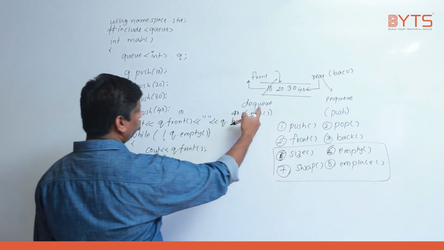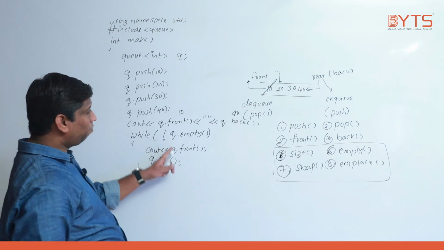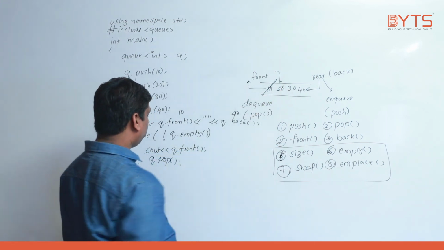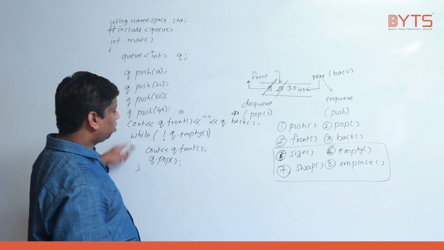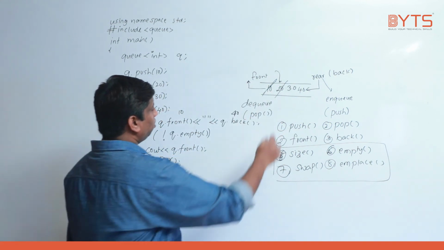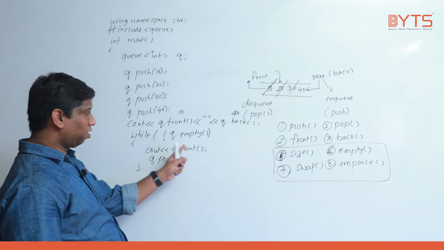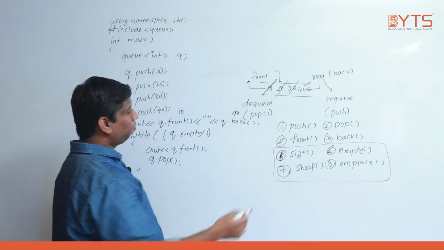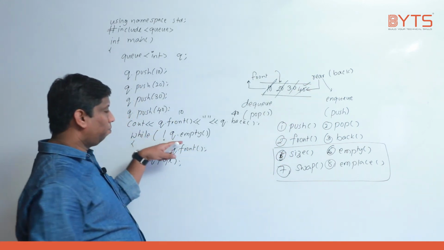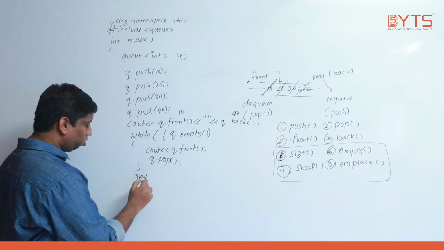Pop means a DQ operation. So 10 is coming out. Q is not empty, q dot front, 20 is coming, q dot pop. Next, not empty, q dot front, 30 came, pop means 30 is deleted. Q dot empty condition is not yet true, q dot front, 40 is coming to you. Then pop, done. Q dot empty, yes, Q is empty, so 1 comes out. And now I need to write return 0.